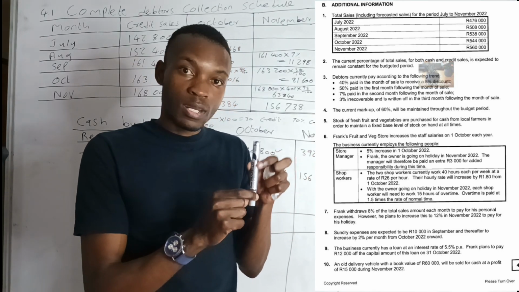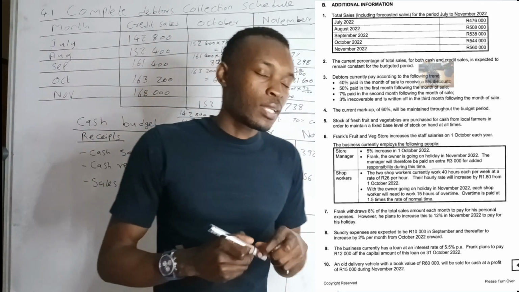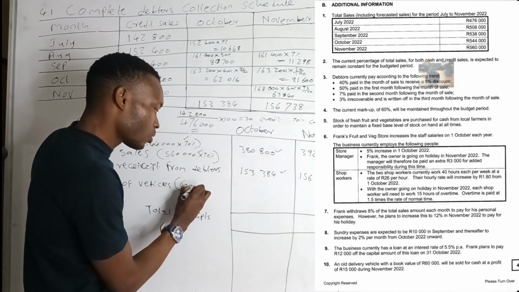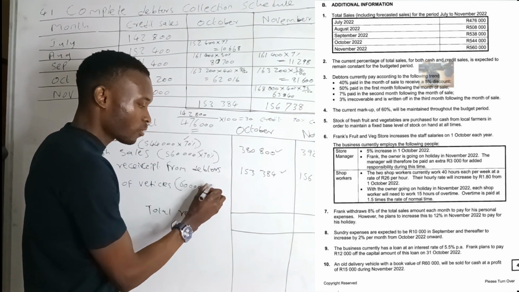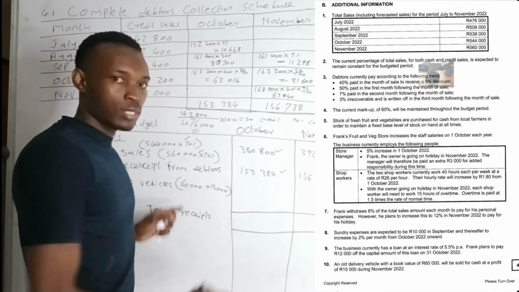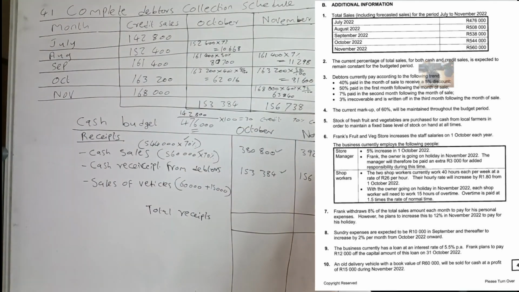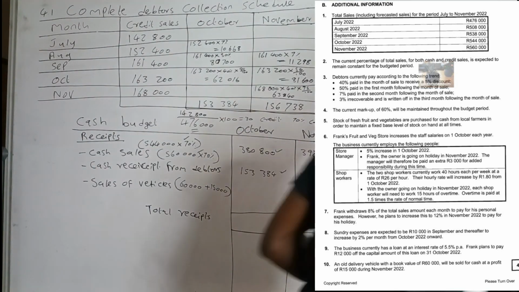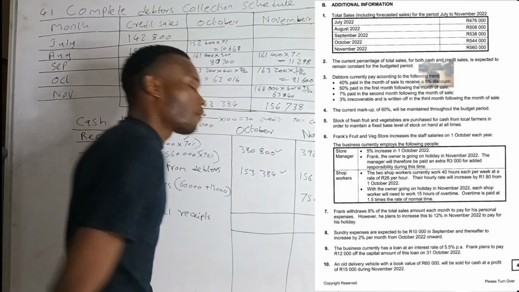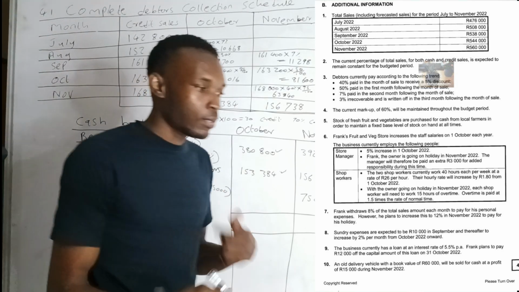In this case, the vehicle is worth 60,000 and they sold it with a profit of 15,000, which means they sold it for 75,000 in total, including the profit. We must add them together. Then we record it under November because they sold it in November. Very simple. That's what you have to do under receipts on this question paper.